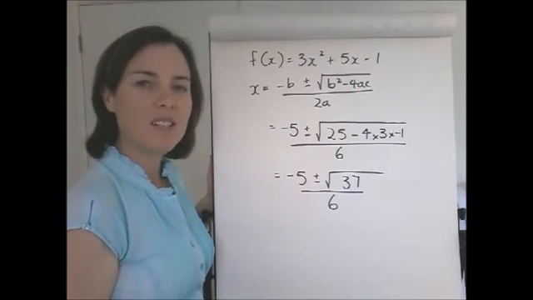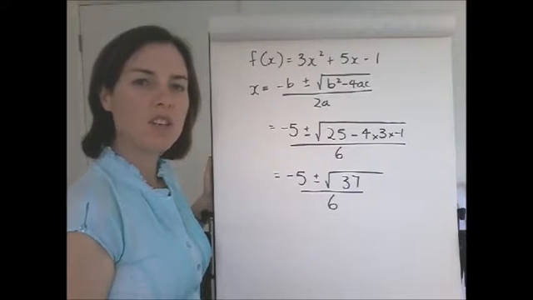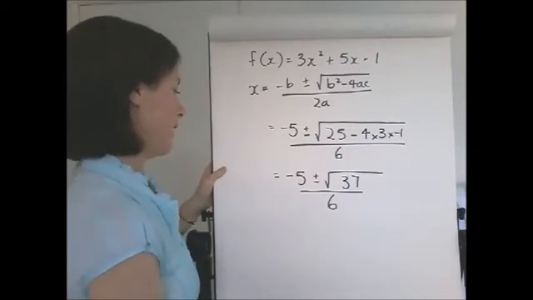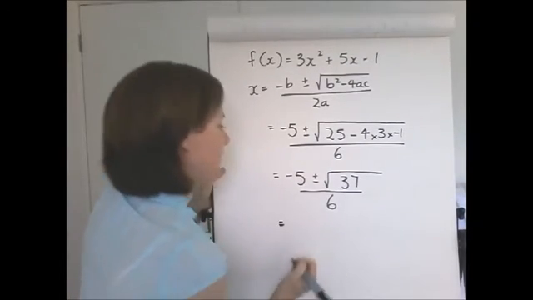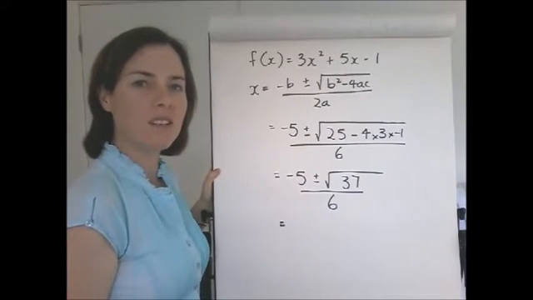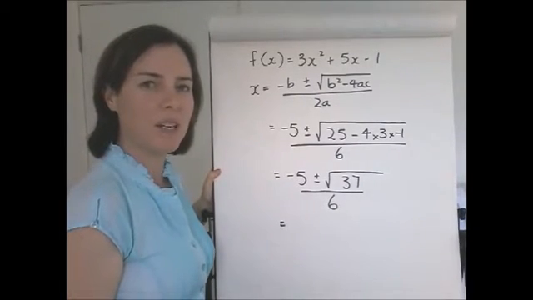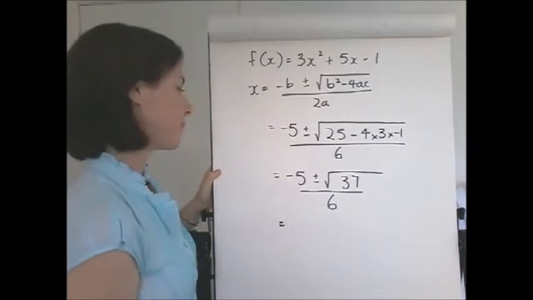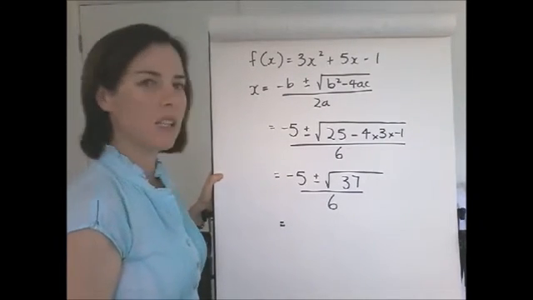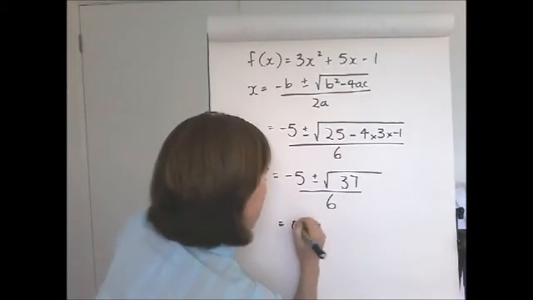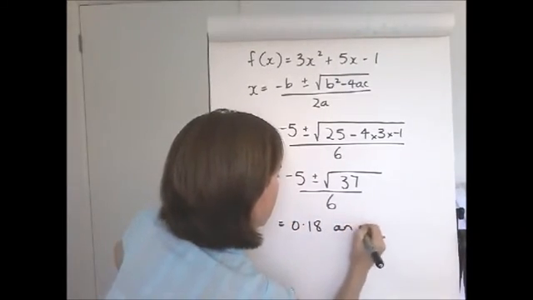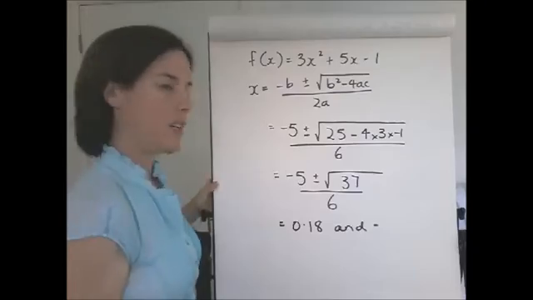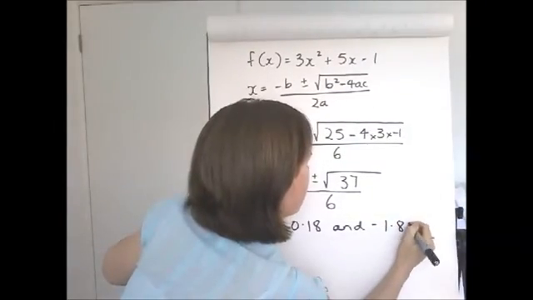But again, you need to know what they are as decimals so that you can plot them onto the graph correctly. And I will write these down because they're not as easy to remember as the previous one, which was our y value of the turning point. So if you use your calculator, you'll find that you get 0.18 and you also get negative 1.85.